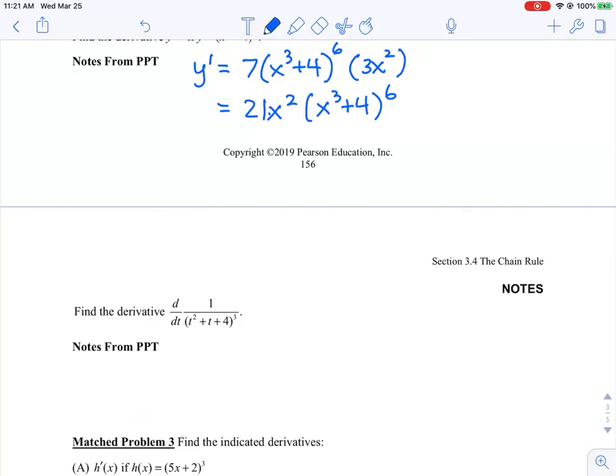Okay, let's look at this example. Rewrite this using negative exponents. Anything in the bottom can be brought back up to the top by negating it. So the derivative, using our general power rule, bring the negative 3 in front.